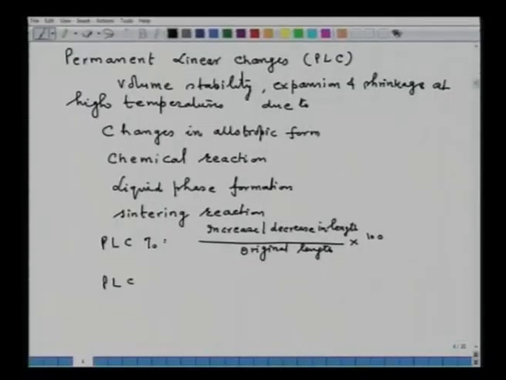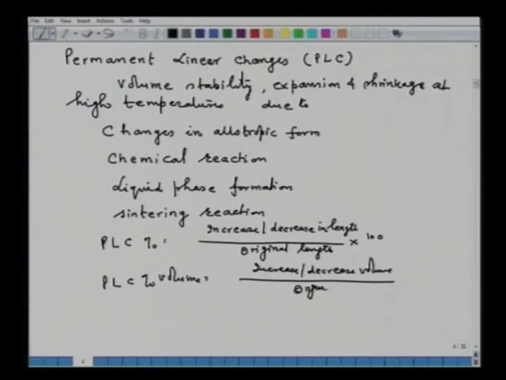Also PLC on percent volume basis will be equal to the increase or decrease in volume divided by the original volume into 100, that is also expressed in terms of percentage. So, that is about the permanent linear change.